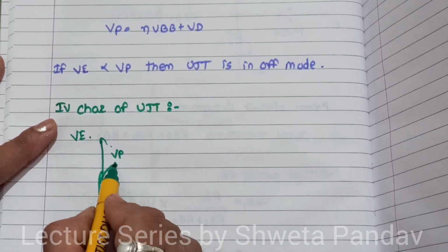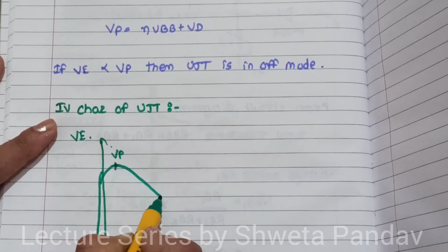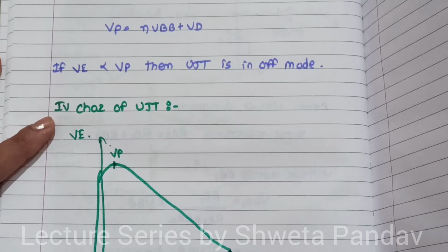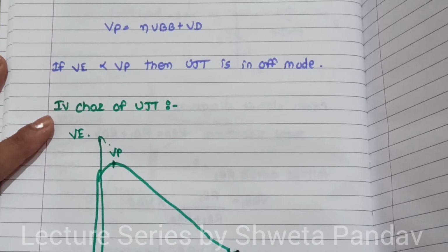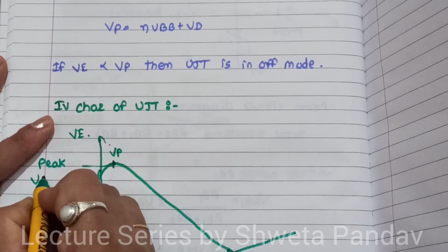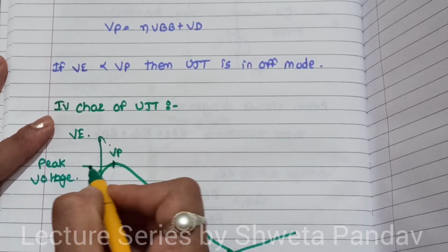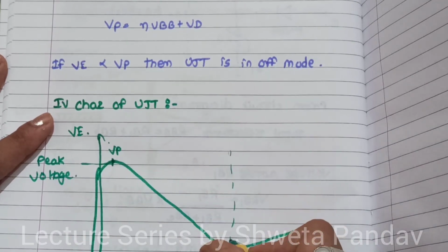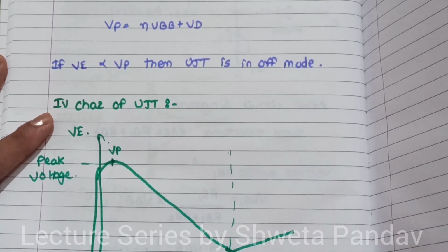As UJT is turned on, the resistance across the UJT starts decreasing up to a point. This point is called the valley point, and after reaching the valley point, the UJT again starts conducting. So Vp is called the peak voltage of UJT, and this is the valley point.